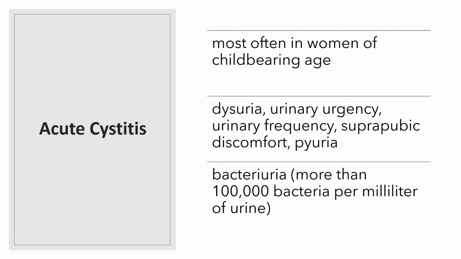Acute cystitis is a lower UTI that occurs most often in women of childbearing age. Clinical manifestations are dysuria, urinary urgency, urinary frequency, suprapubic discomfort, pyuria, and bacteriuria of more than 100,000 bacteria per milliliter of urine.